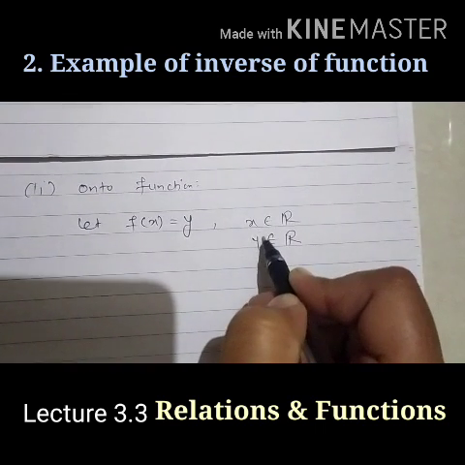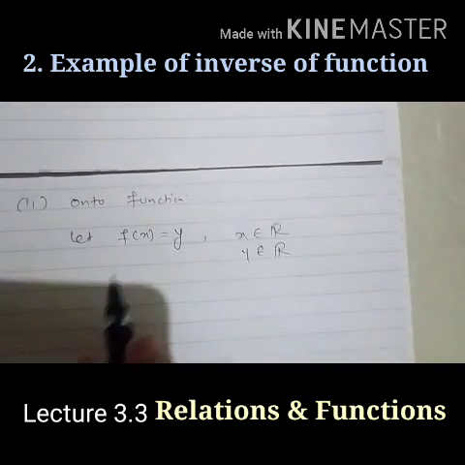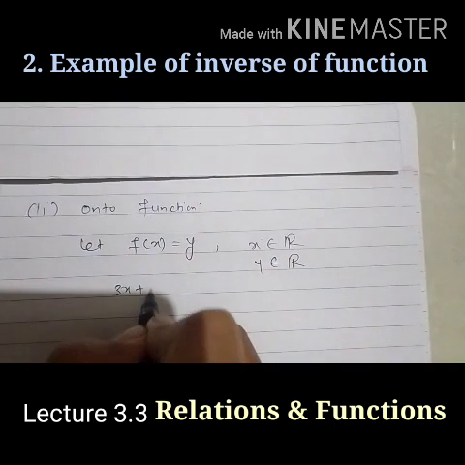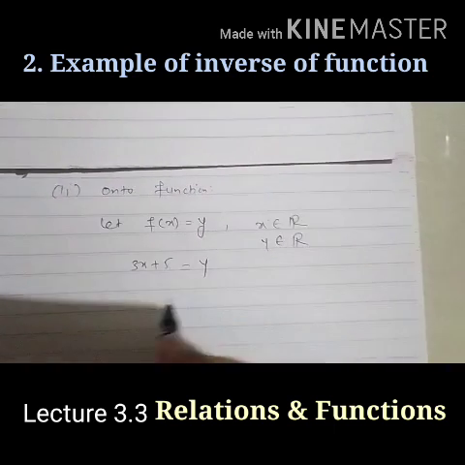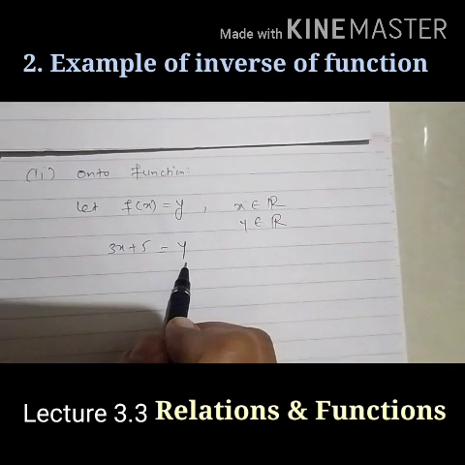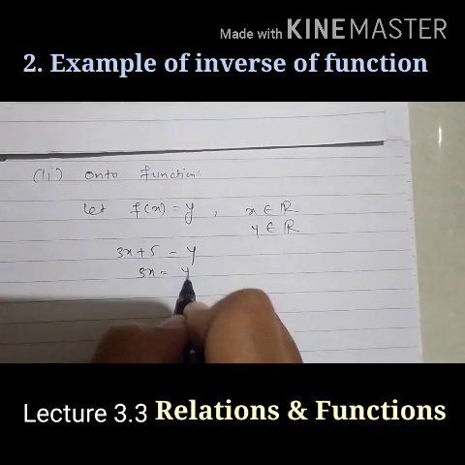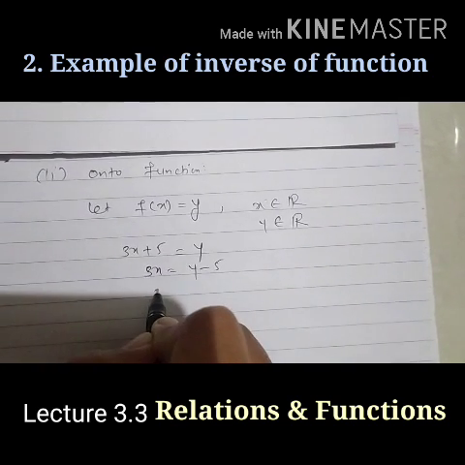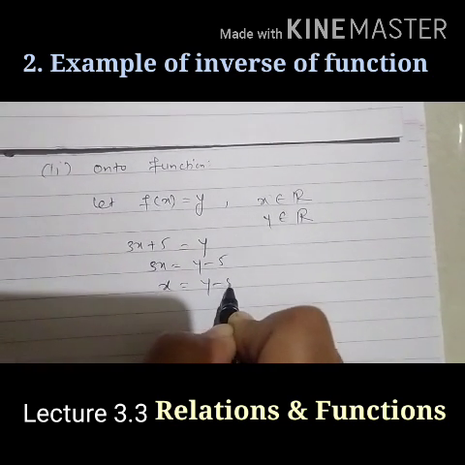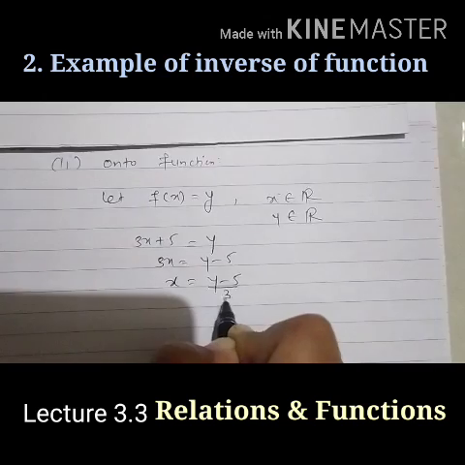This y will be from the codomain set and this x will be from the domain set. What is the function? 3x plus 5 equals y. We will write x in the expression of y. So what will be there? 3x equals y minus 5, and x equals (y minus 5) by 3.